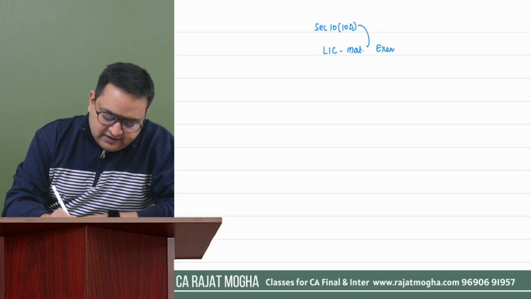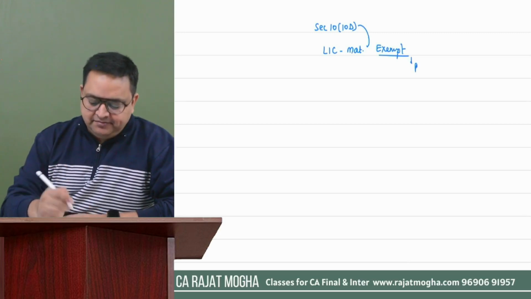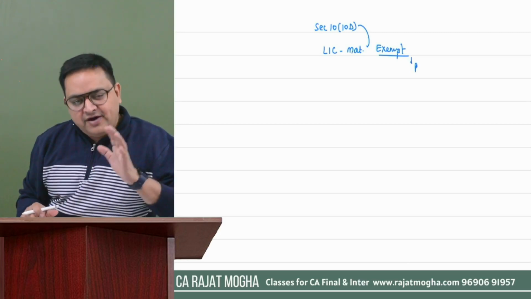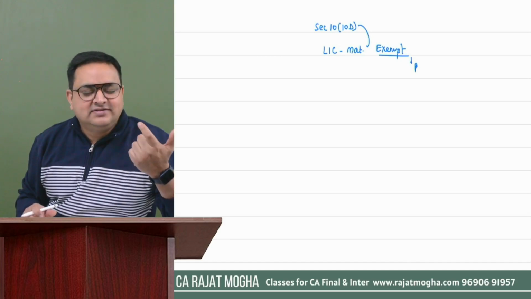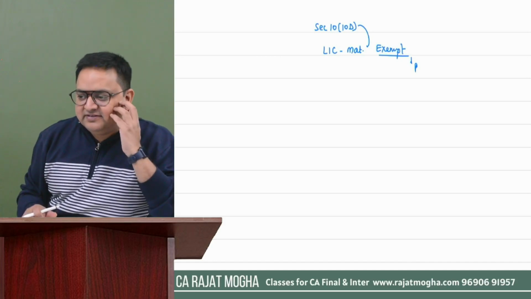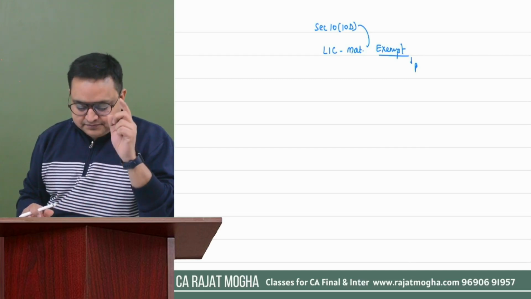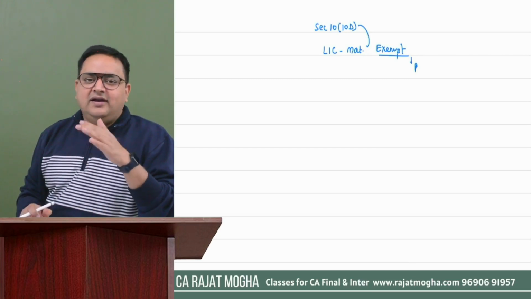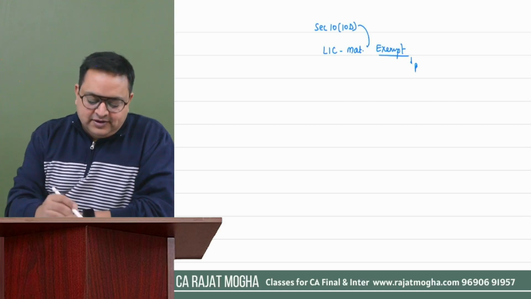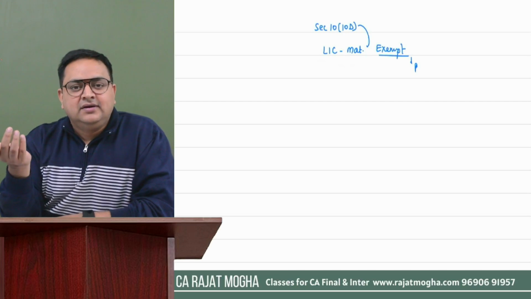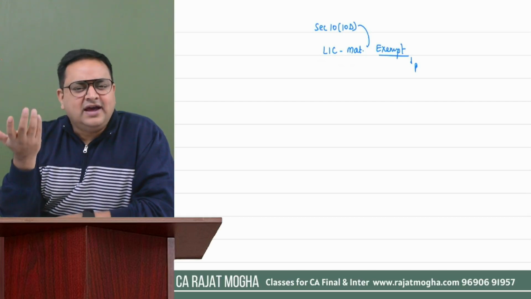Generally it is exempt, but it depends upon the premium. I'll be discussing when it will be exempt. Although I have already discussed it in IFS and in the deduction chapter when I was discussing section 80C with you, I'll discuss it once again over here. But first, understand that if you are getting any amount which is exempt, then TDS cannot be deducted.